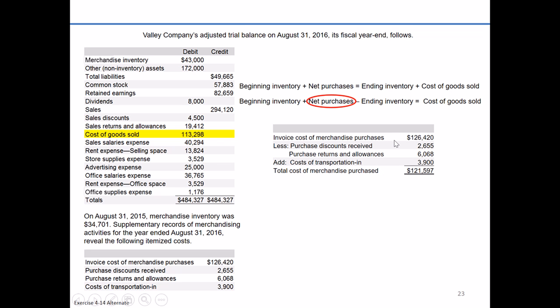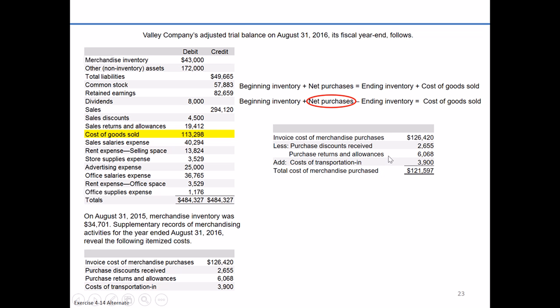I can take the cost that I'm given down here that I was charged by my vendors for my merchandise inventory of $126,420, but I need to subtract out a couple of things because I was offered a purchase discount for prompt payment. We took $2,655 worth of purchase discounts, so I need to subtract that from my purchases.